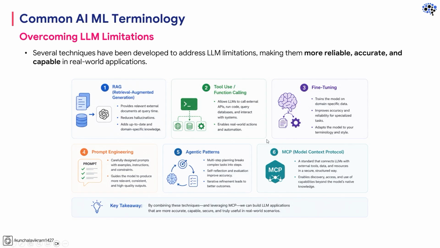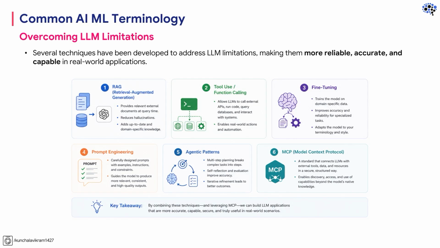And then fine tuning. Fine tuning is a method where you take a model and then tune it on more data, and the data can be company related data. Once the model is trained with internal data, it can give answers to questions related to the company's information, right? But the problem is, if the data changes, you need to keep on tuning this model. The other one is prompt engineering.